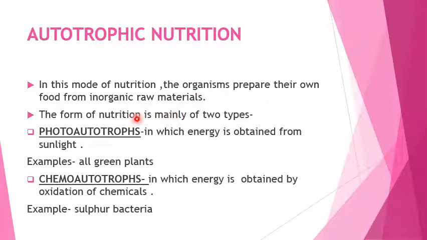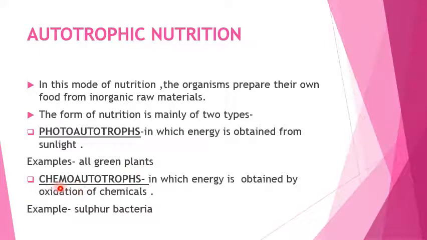This form of nutrition is of two types. First, photoautotrophs, in which the source of energy is sunlight, so they are known as photo. Example is all green plants, not just plants.